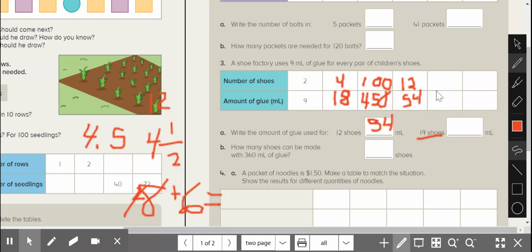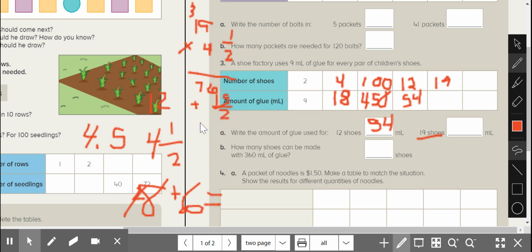Now let's look at 19 shoes. What I was afraid we'd get to would be an odd number. So we take 19 times 4 and 1/2. 19 times 4 first, which is the difficult part. 4 times 9 is 36. There's my 3. 4 times 1 is 4, plus 3. So we have 76, plus 19 halves.